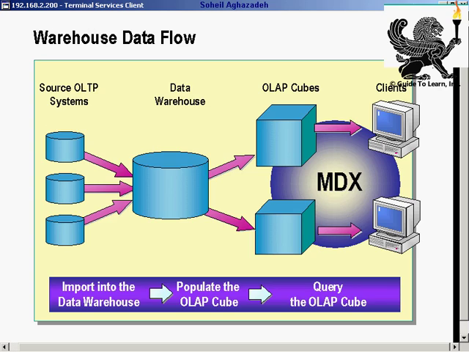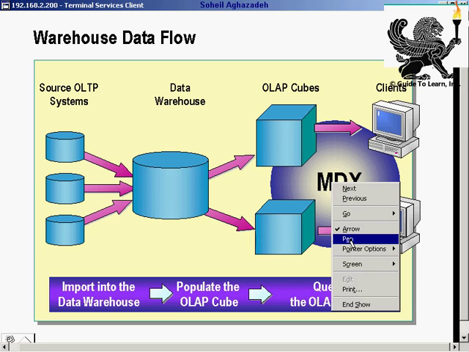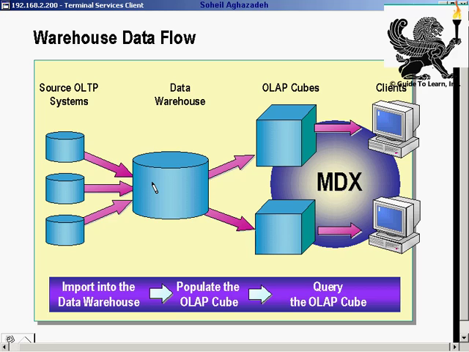So if you wanted to think about that data flow, the way it works, you got the OLTP systems, which are basically your relational database management system. You're creating your data warehouse, and basically using the data warehouse technology, you're creating some cubes, you're populating the data right out of the OLTP system, and then of course the data warehouse might consist of one or more cubes, and then the client accesses the OLAP cubes using the MDX.